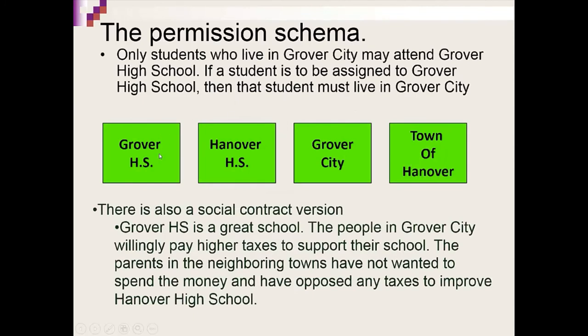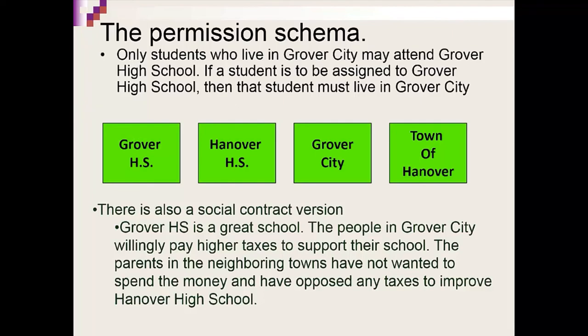Here it's about high schools and cities. The schema example is that only students who live in Grover City may attend Grover High School. So that's the rule. Only students who live in Grover City may attend Grover High School. If a student is to be assigned to Grover High School, then that student must live in Grover City.